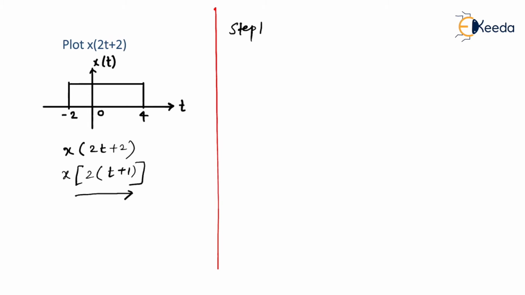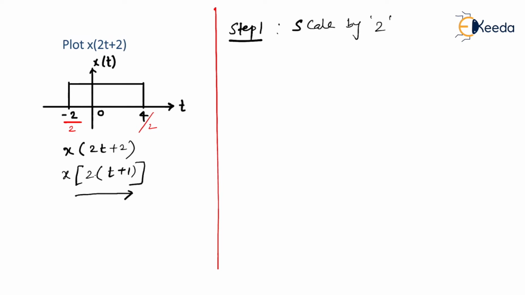So step number 1 is scale by 2. You know that they've asked us to multiply by 2. So what we do? We do exactly the reverse. We divide by 2. In that case, it is like this. 4 gets divided by 2 and minus 2 also gets divided by 2. So what is the new lower limit?